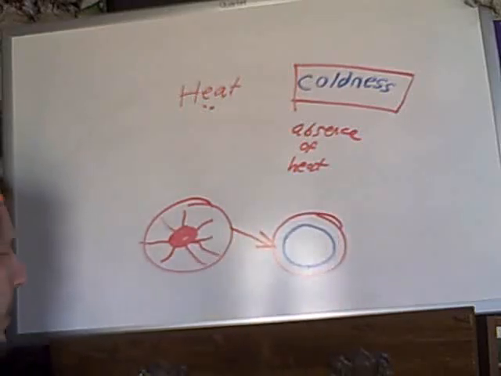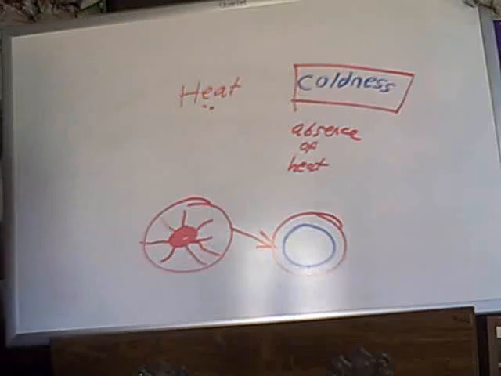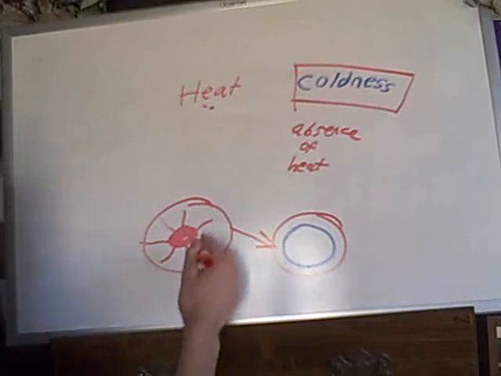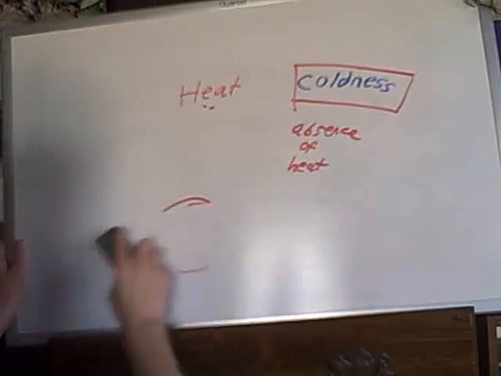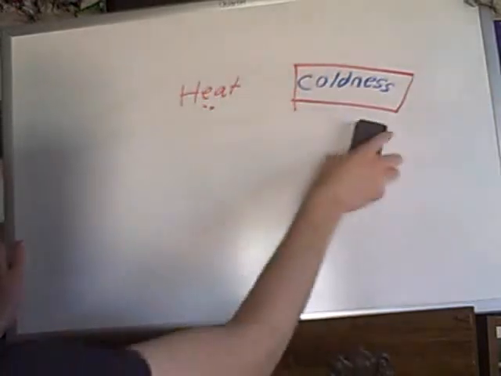The earth is a lot colder than the sun, so a lot of the heat from the sun is sent out into the earth. Does that make sense? I'll show you something momentarily that should help make this clearer.